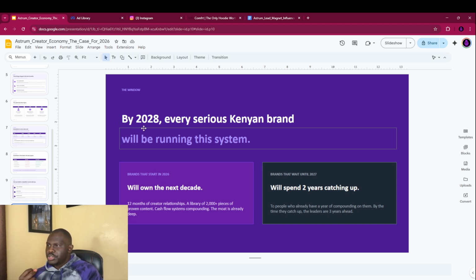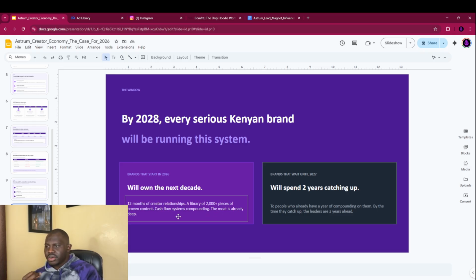So the window: by 2028, every serious Kenyan brand will be running this system. Brands that start in 2026, right now, will own the next decade, because, as you all know, content is not going anywhere. Content is only increasing. The value of content is increasing every year. 12 months of creator relationships, a library of 2,000 pieces of proven content, cash flow systems compounding.